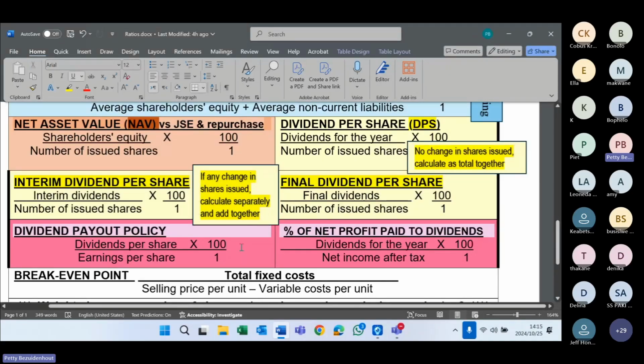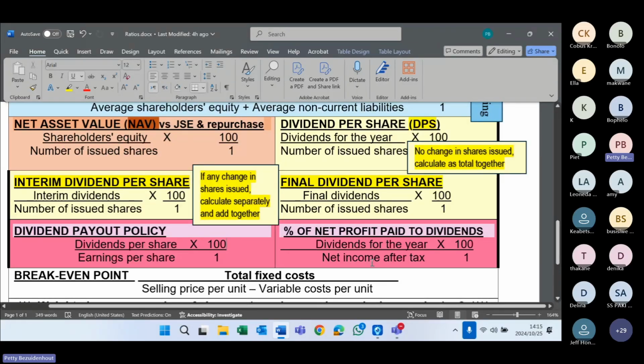You know this one. It was only put on the formula sheet the past few years. We try to figure out with this one, of every R1 that we earn in profits, what percentage of that earnings was paid out and what percentage was retained for future expansions or investments or whatever.